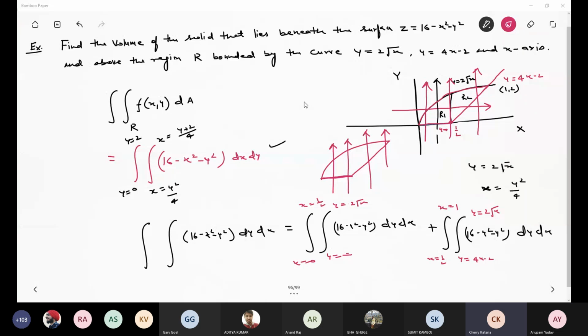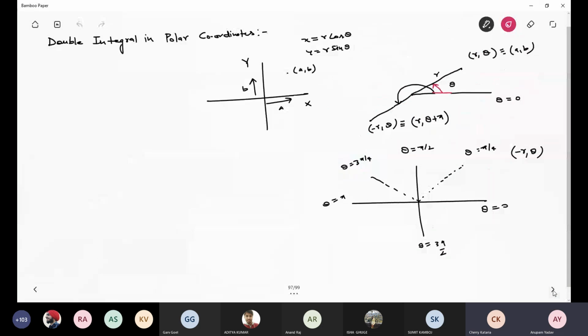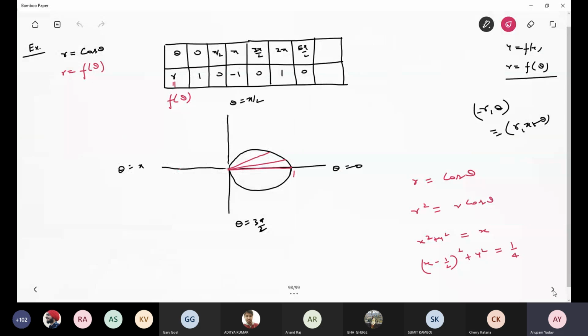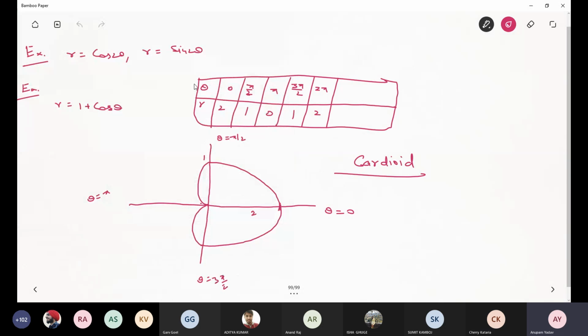वो graph समझा दीजिए please. r equals to 1 plus cos theta में हमने क्या किया कि इस r की theta की different values पे r की values को evaluate कर लिया, और हर एक theta के लिए इसको plot करते चले गए.